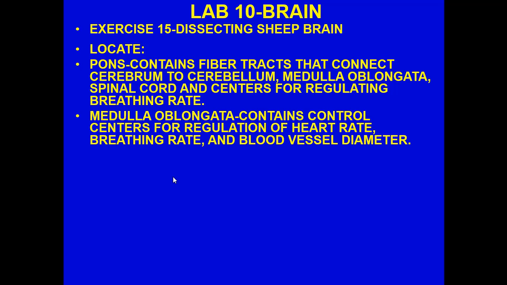This contains control centers for regulation of heart rate, breathing rate, and blood vessel diameter. Okay, think about it this way just briefly. Blood vessel diameter: if the diameter increases, the flow of blood will increase, yes, but the pressure will go down. If you reduce the diameter, the flow may increase, but it will be under a greater pressure.